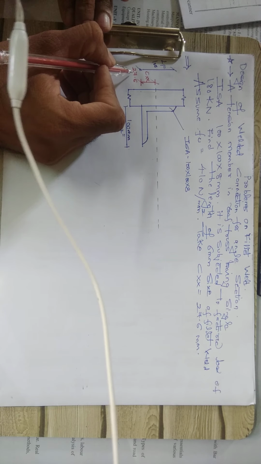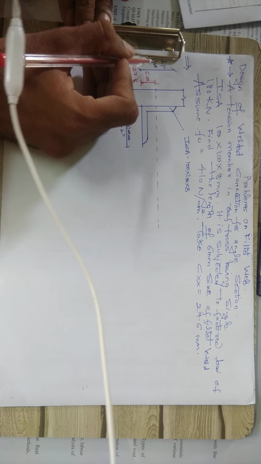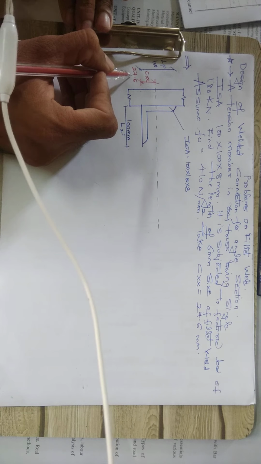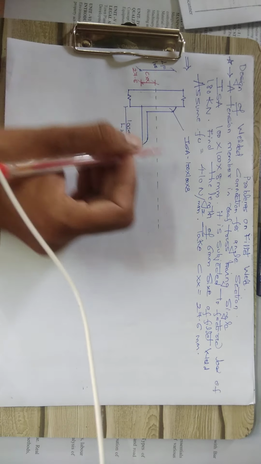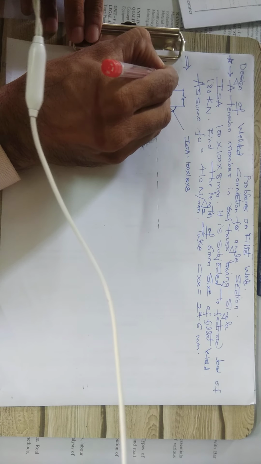So 100 minus 27.6, the remaining distance is 72.4.